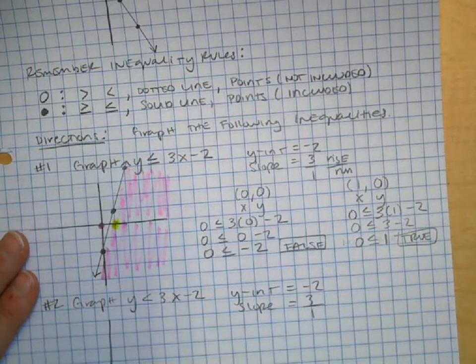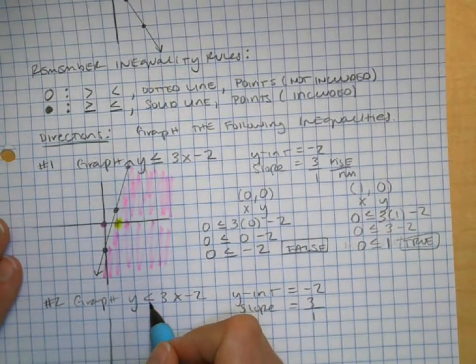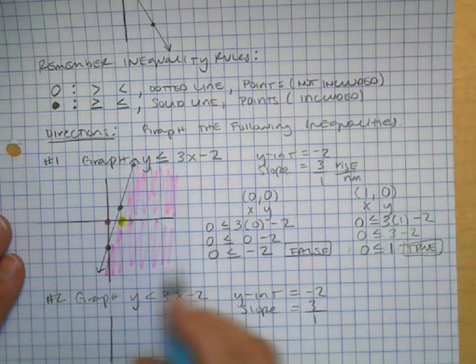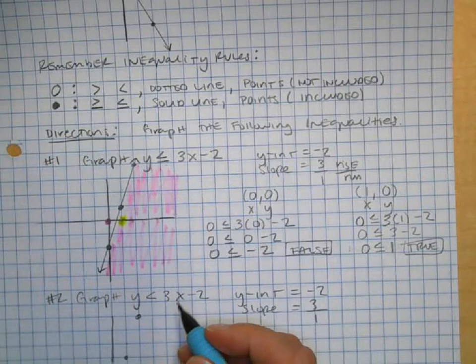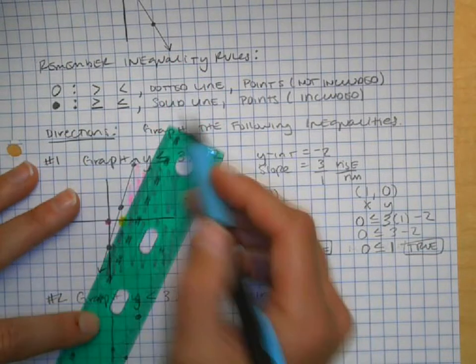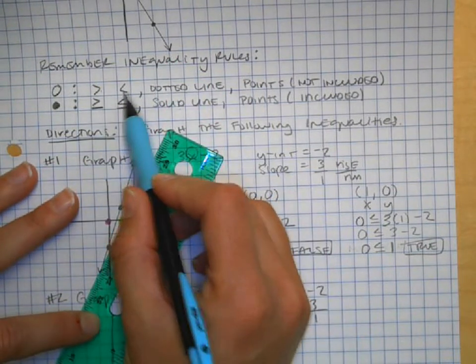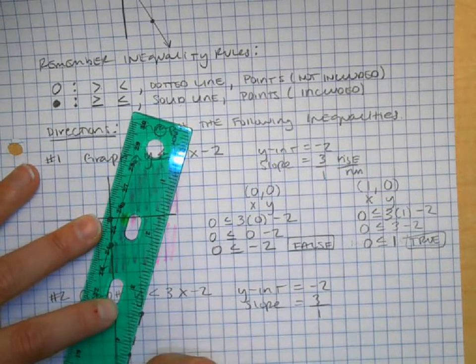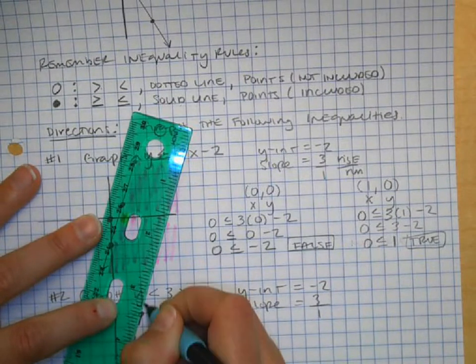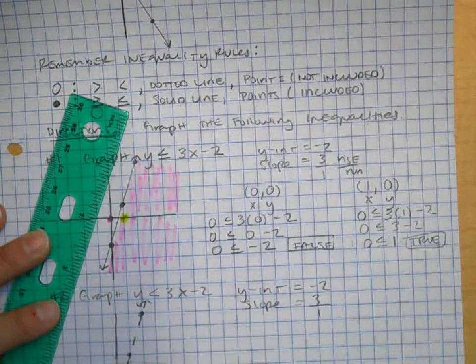The only thing that's different here, you guys, is that we have a less than symbol and not the line underneath it. So I have negative 2, up 1, 2, 3 over 1. It's going to be dotted this time because I have a less than symbol, so that means it's a dotted line. You're just going to follow your ruler or your binder, whatever you're using to make the line. Make it dotted.